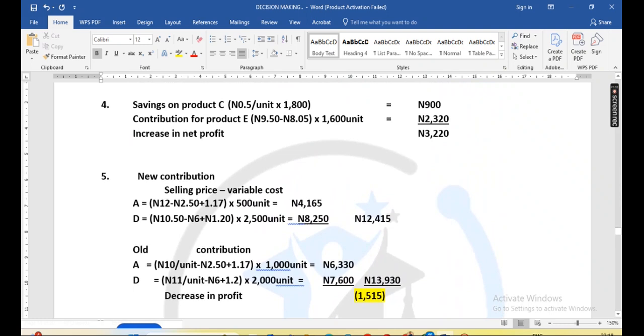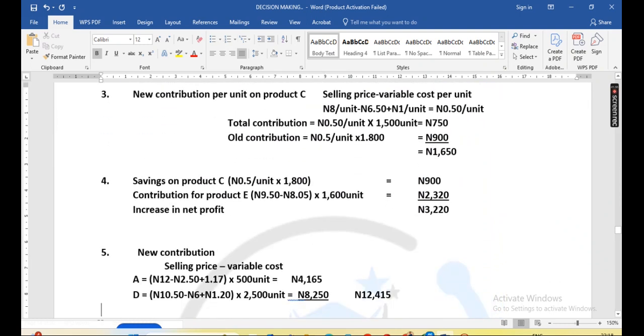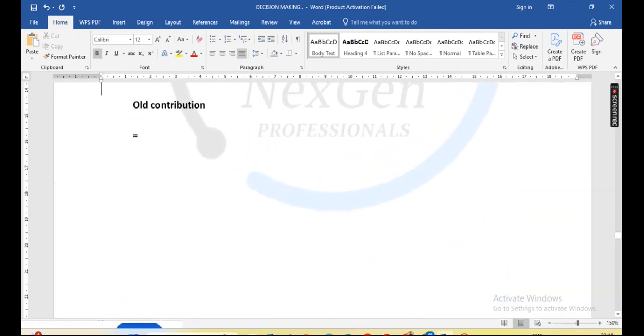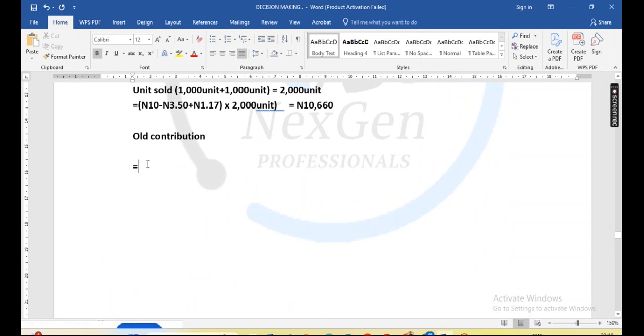Let's go back to A. 10 naira per unit, minus the variable cost of 2.50 naira, plus the next variable cost of 1.17 naira.